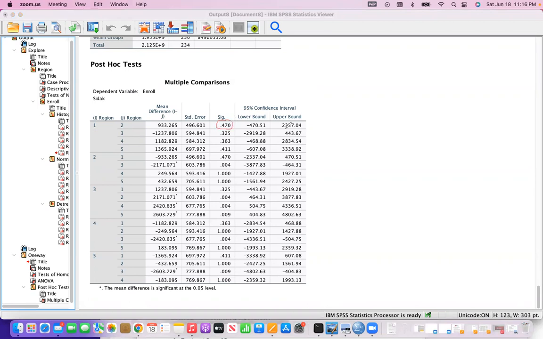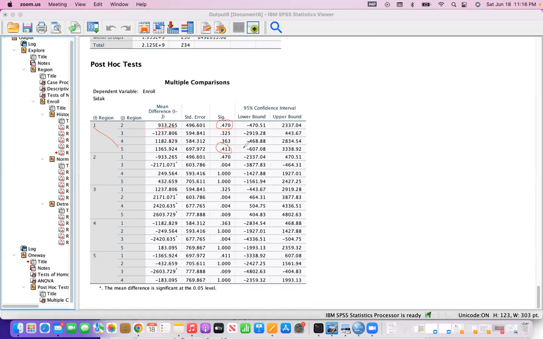It's actually greater than 0.05. So therefore, the two means between region 1 and region 2 are not significantly different. We can actually see the mean difference here is 933 between those.